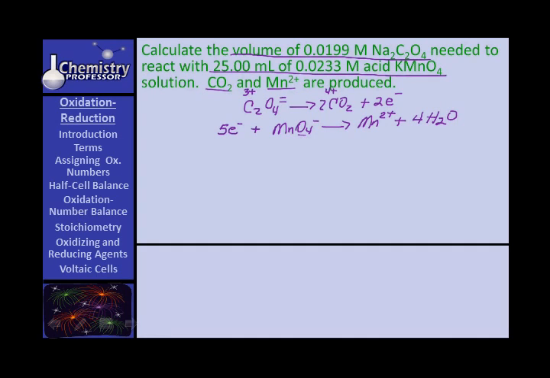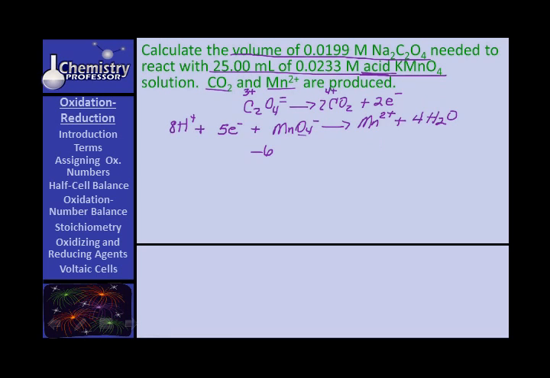Okay, now let's see about the charges. My charges here are -6. My charges here are +2. I'm using an acid solution right here. So I'm going to have hydrogen ions, so I'm going to need 8 hydrogen ions to balance this equation.